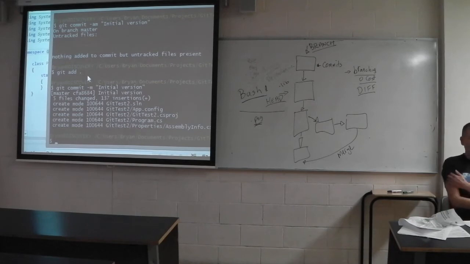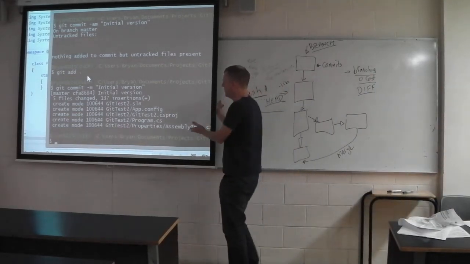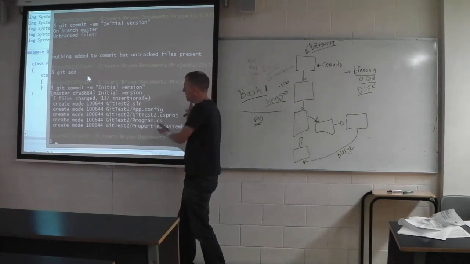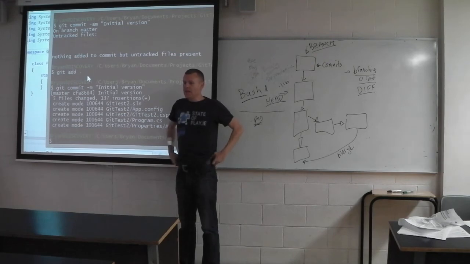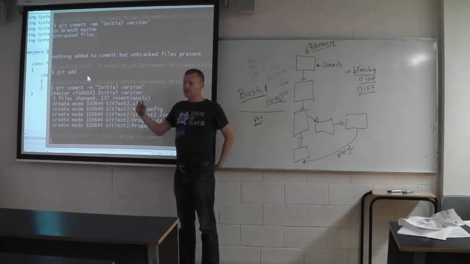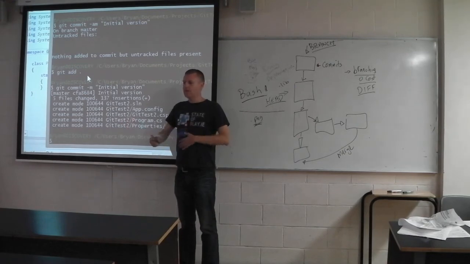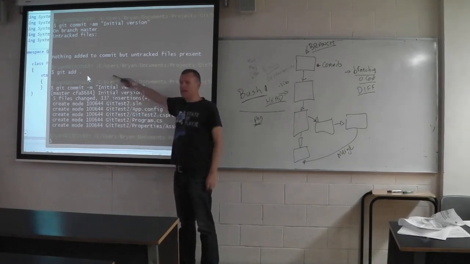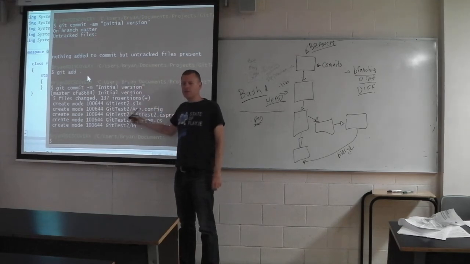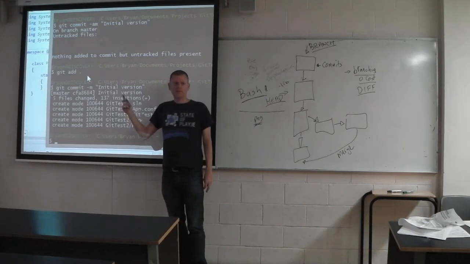Git add dot, right? What happens when you type git add dot is it takes all the changes in your local file system and copies them to an area in Git called the staging area. The staging area is like, these are files that at some stage I want to add to my commit. There's basically a two-step thing, okay? If I go and modify all these local files, having done my git add dot, it will actually commit the ones that I've previously added when I did the git add dot.